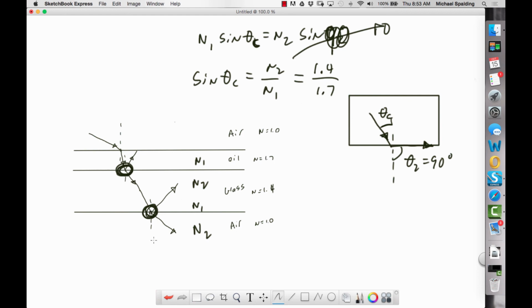So for this calculation here, you're going to go sine of critical angle equals 1.0 over 1.4. The critical angle at that boundary is 45.6. And then at this boundary, it's 55.4. Wait, did I switch those? Are those backwards? No, those are right. Yeah, that's right.